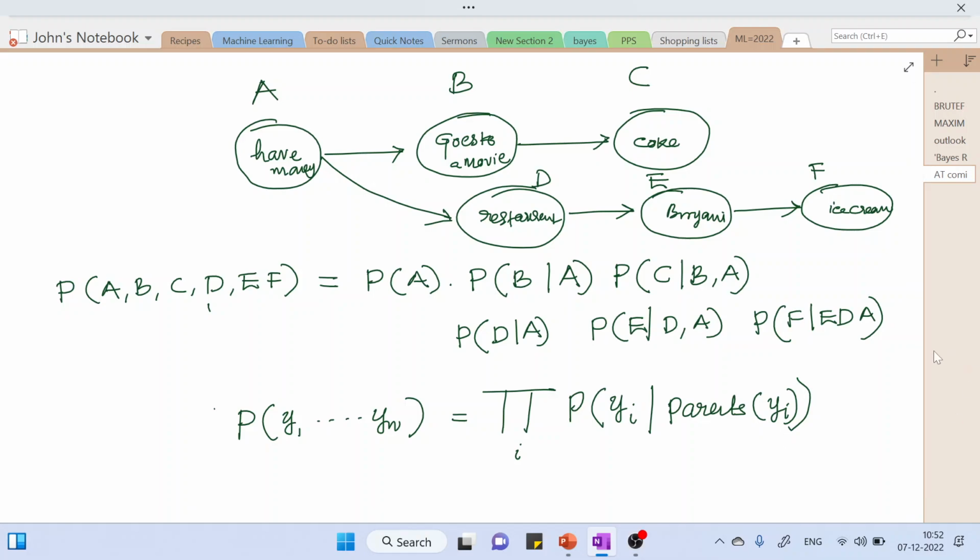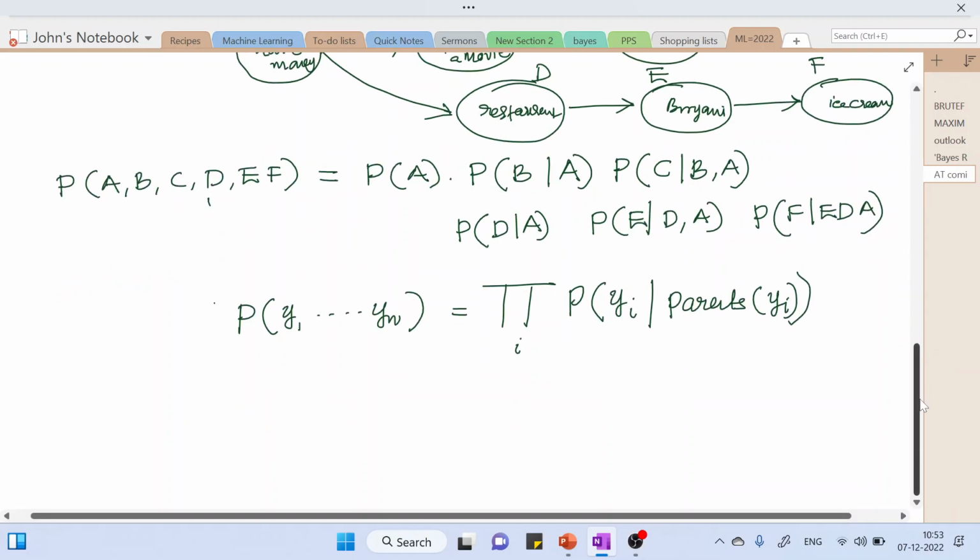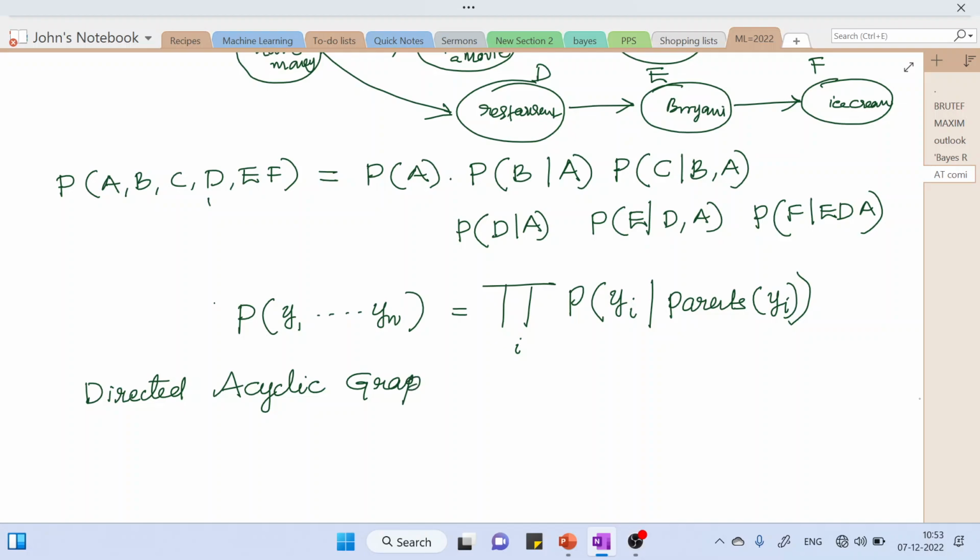So here the network is represented by using a directed acyclic graph, and we will have a probability table that we will see in a short moment.